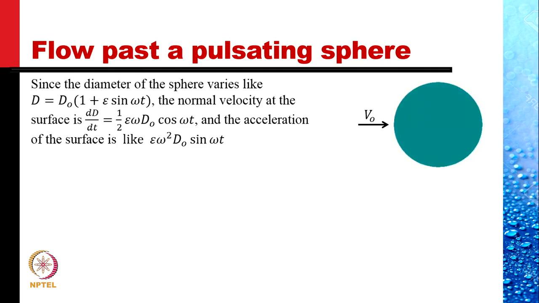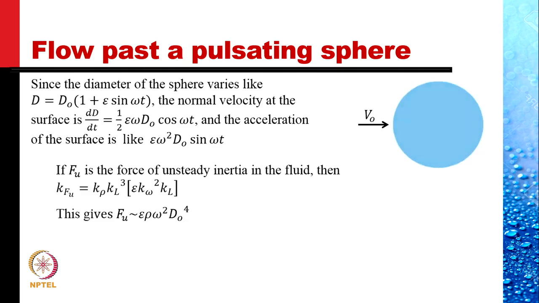Since the diameter of the sphere varies like d equal to d0 times (1 + epsilon sin omega t), the normal velocity of the surface is the first derivative of d, which gives 1/2 epsilon omega d0 cos omega t. And the acceleration on the surface is another derivative of this, and this would be like epsilon omega squared d0 sin omega t. So we know what the acceleration at the surface is. And if we know this, we can estimate the unsteady force, the unsteady inertia in the fluid.